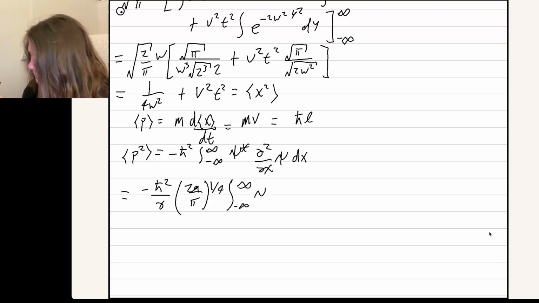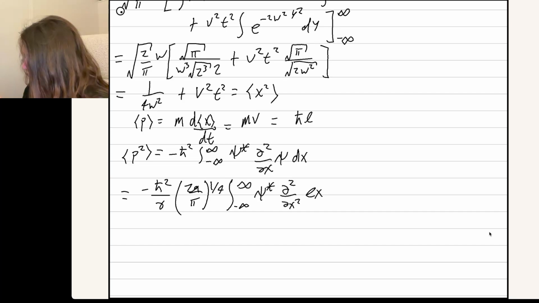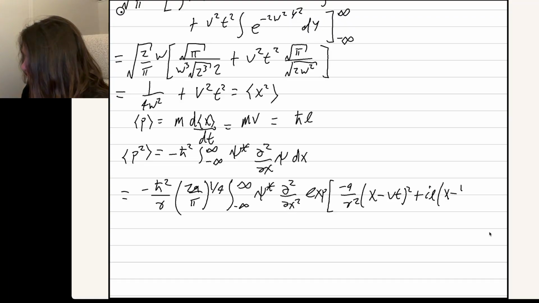And this is now looking like del squared, del x squared, of a giant exponent, minus a over gamma squared, (x minus vt) squared, plus il(x minus vt) over 2, dx.